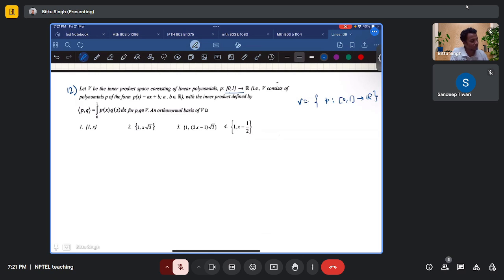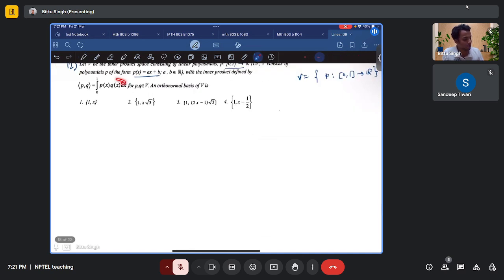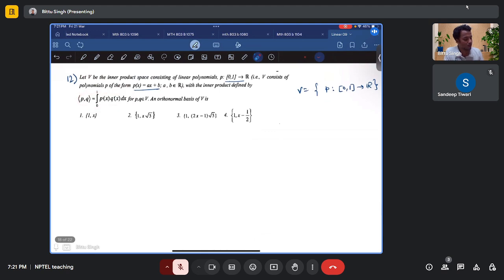Now Tx is defined by this polynomial, and the inner product of any two of them is the same inner product as we have previously seen: just multiply p(x) with q(x) and integrate from 0 to 1.